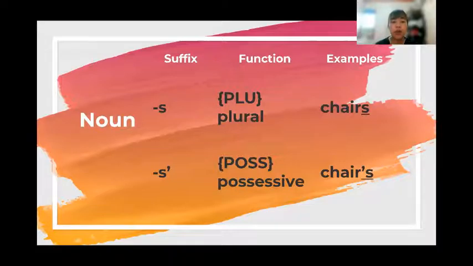For nouns naman, we only have 2 inflectional morphemes in forming your nouns. So we have your pluralizer, S. For nouns naman ito ha, iba tong S na ginagamit for verbs, iba rin yung sa nouns. So when we make use of your S, usually in your nouns, this is to signify na plural form. So for example, our word is chair plus plural.